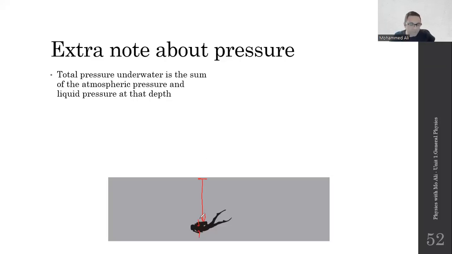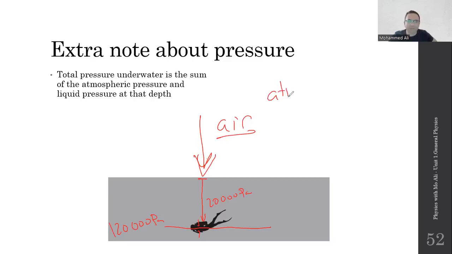But the pressure acting on you is not only due to the water. If the water applies a pressure of, let's say, 20,000 Pascal on you because of this height, the pressure acting on your body at this level is actually 120,000 Pascal. Why? Because the air itself also has pressure. We call this atmospheric pressure.